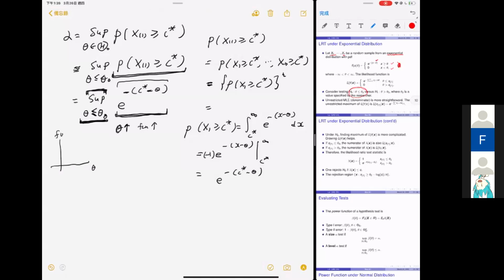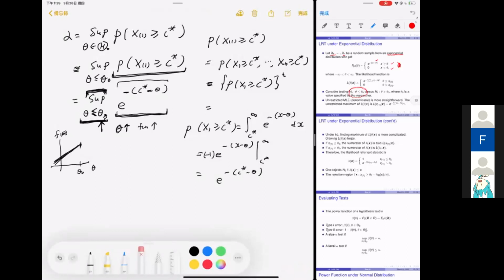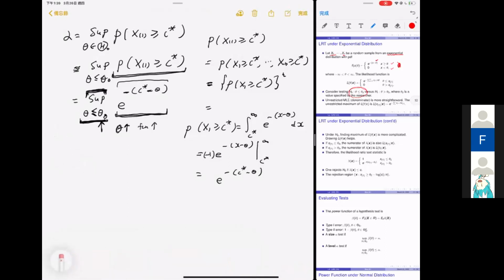It's a function right here, theta 0. An increasing function: when theta gets bigger, the whole function gets bigger. Then you will know the supremum always happens at theta naught. So the maximizer, the supremum, happens at theta naught.